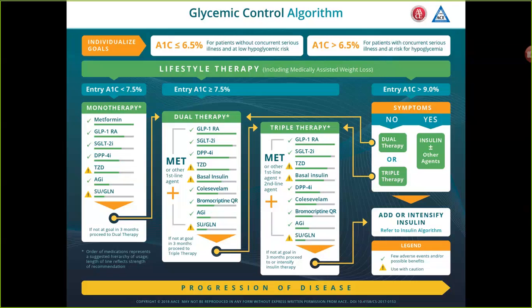And then again, if they're on dual therapy and A1c is not at goal in that 3-month period of time, they recommend to go ahead and add another agent to that dual therapy. And if their entry A1c is greater than 9 and they have symptoms, they recommend starting insulin plus another oral agent, or go ahead and start them on triple therapy at that time if their A1c is greater than 9.